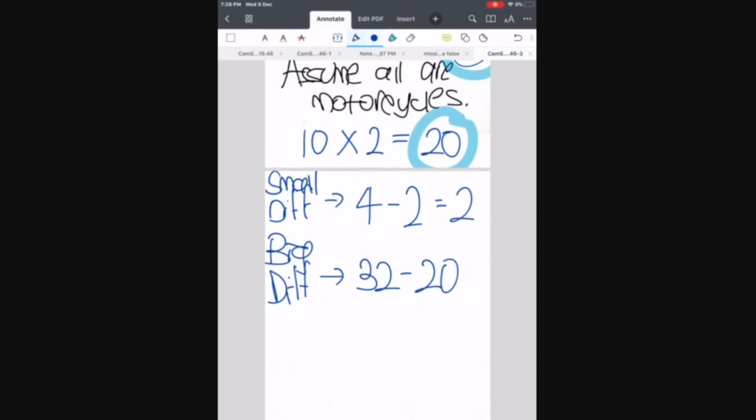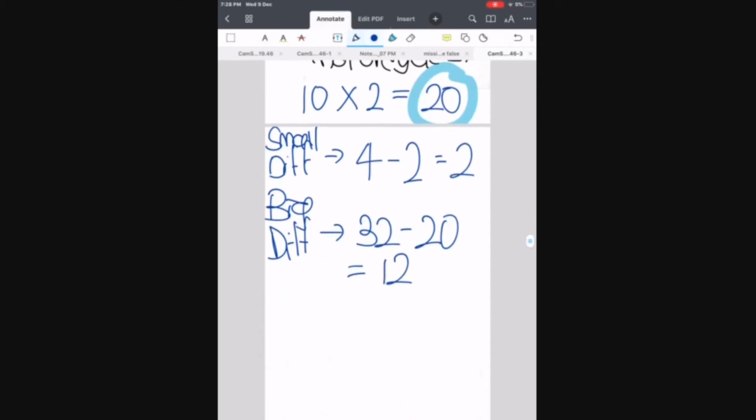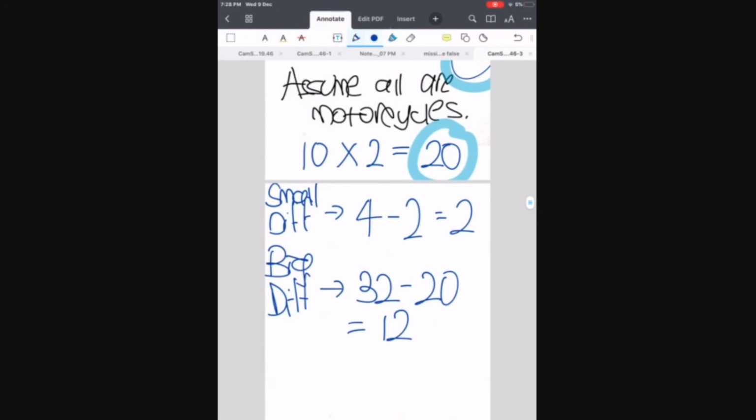Now after we get the big difference and the small difference, we easily use them. I forgot to show the answer. So 32 minus 20 will be 12. Okay, so to find out the number of cars, since we assumed all are motorcycles, we will be getting the answer for the number of cars.